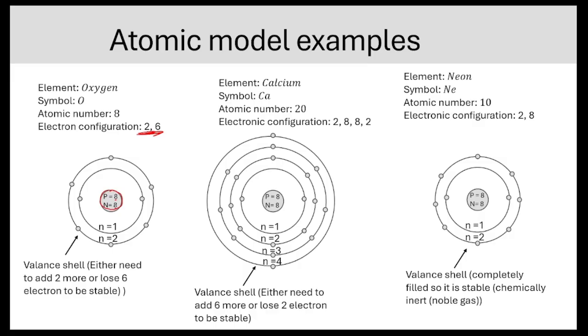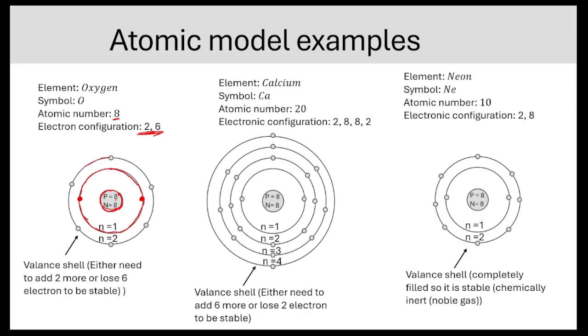So we start with the inner circle, and then we draw the next circle representing the first energy level, which can hold a maximum of 2 electrons, so we fill it with 1 electron, 2 electrons. Out of 8 electrons, we have 6 electrons left.